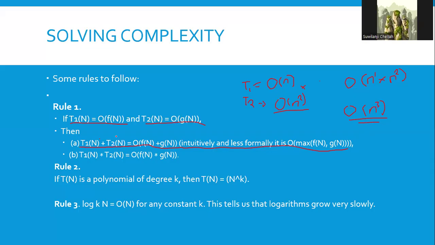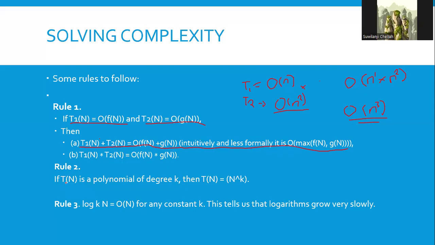I hope that's clear. So rule number 2 says that if the time complexity is a polynomial of degree k, then the time complexity is going to be equal to n to the power of k. This one is basically the same as the previous one.